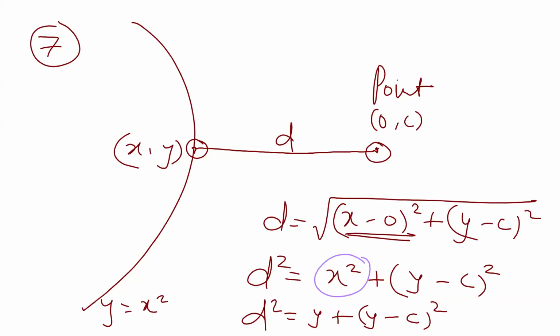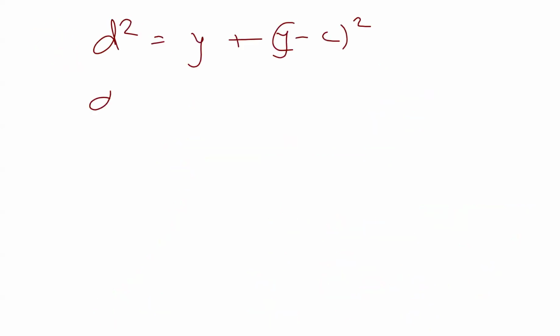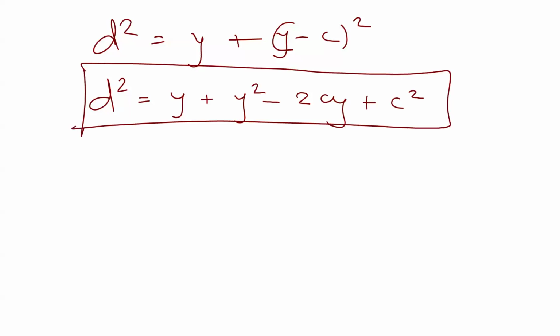See, I'm purposely going slow so that you can understand. Okay. Now I'm going to expand that square. D square is equal to y plus y square minus 2cy plus c square. So this is the value of d square.